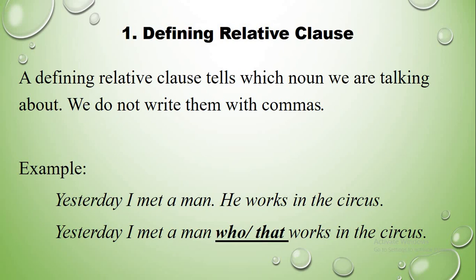Yesterday I met a man. He works in the circus. Here in this sentence we have two sentences. Yesterday I met a man is a sentence. He works in the circus is another sentence. We join these two sentences or clauses as: Yesterday I met a man who works in the circus, or we may use that works in the circus.